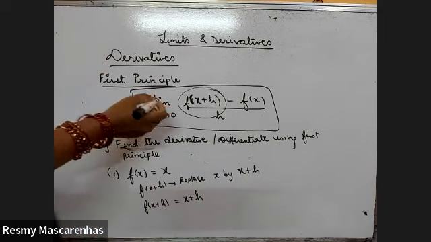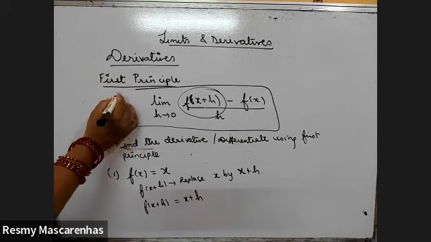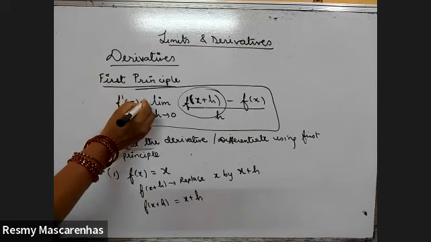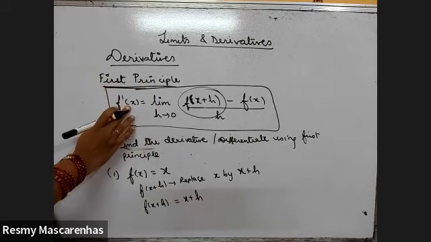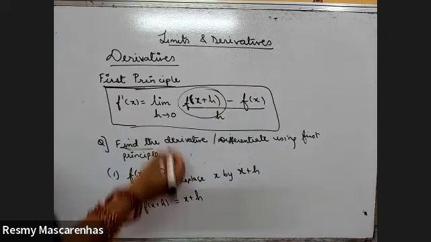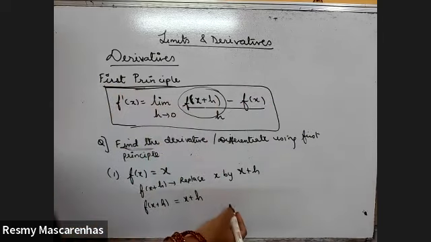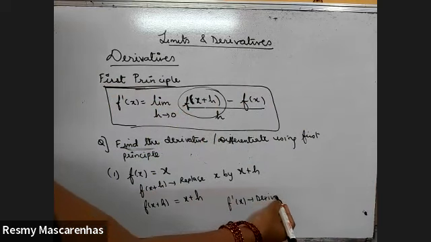Now you write the formula. This you write as f dash of x. If you don't have space here, just write it beside f. So f dash of x is nothing but called the derivative.